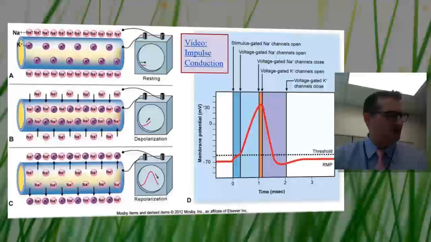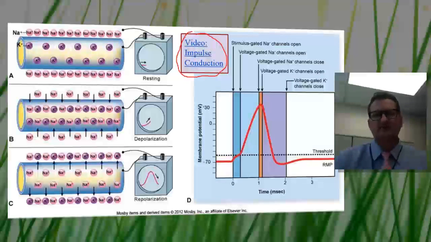Impulse transmission results from the flow of electrical charge particles from one point to another across the cell membrane. Be sure to watch this video that you can access through the lecture slides because it provides a really good overview.